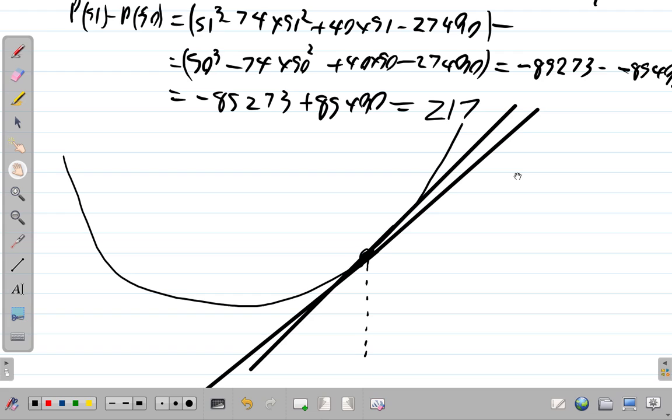So that's why you had different values. When you found the cost at 51 and the cost at 50 and subtracted them, you got a value that was a little higher than the value when you use differentiation and found the derivative at 50. But the derivative at 50 is the accurate value.